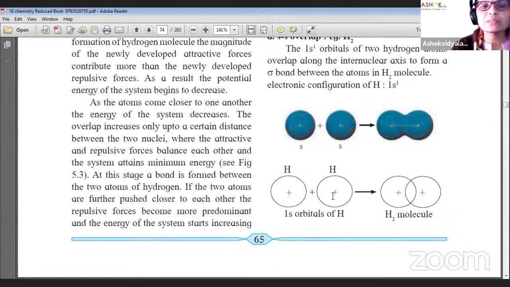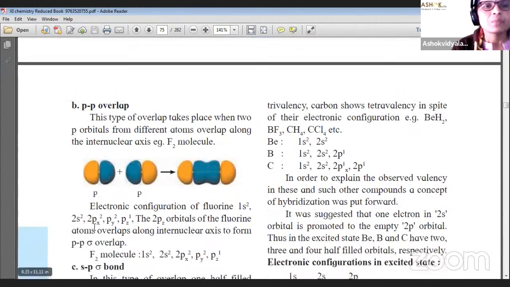Now we'll proceed to the formation of a sigma bond by overlapping of p orbitals. As the p orbital has directional character, for example, this is a p orbital of one fluorine atom, and this is the p orbital of another fluorine atom. Fluorine has atomic number 9, with electronic configuration 1s2, 2s2, 2px2, 2py2, and 2pz1.